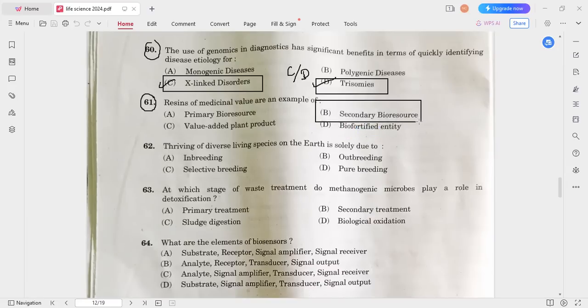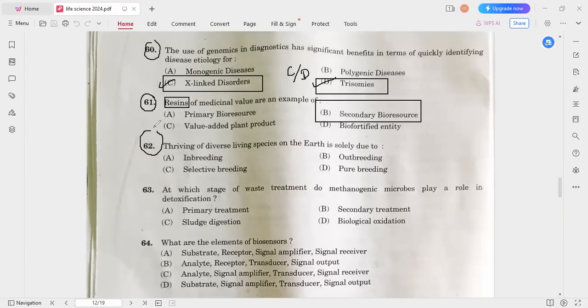Secondary bioresource means something produced as a byproduct during processing. Resin is extracted from the secretion of plants and trees, and is then used as flavoring agents, diuretic agents, etc. That's why this comes under secondary bioresource. Now let's move on to question number 62.